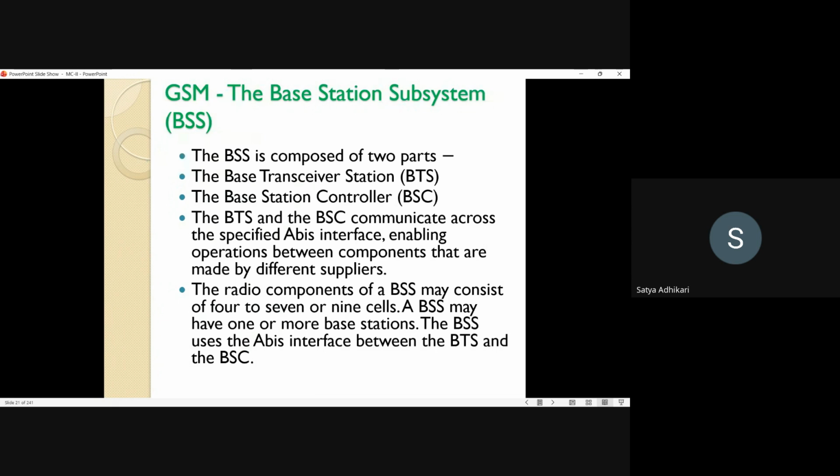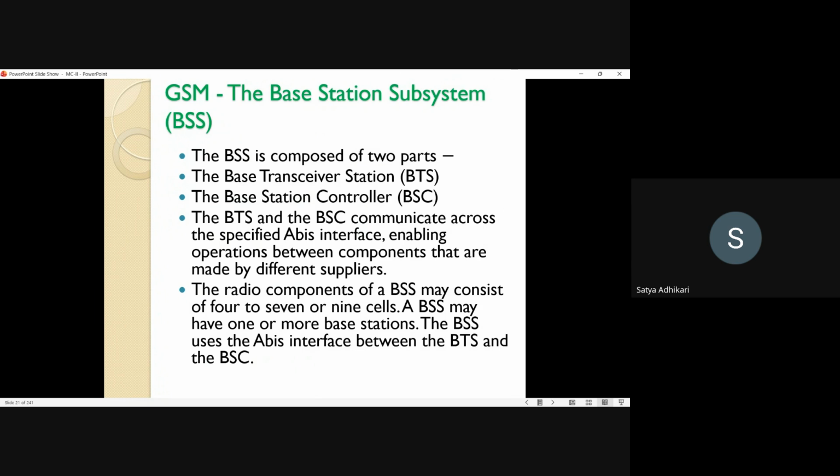So the first component is MS. The second is BSS, base station subsystem. The BSS is composed of two parts: the base transceiver station BTS and the base station controller BSC.